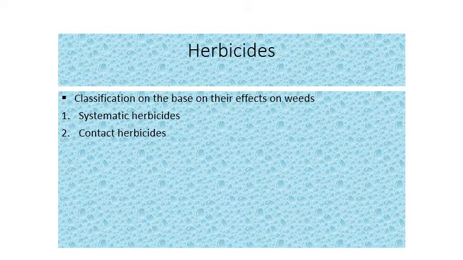Then herbicides are also classified into two types, systemic or translocated or growth regulators, and contact herbicides. First one is systemic herbicides. Systemic herbicides can move along the vascular systems of plants, acting on their entire organisms.